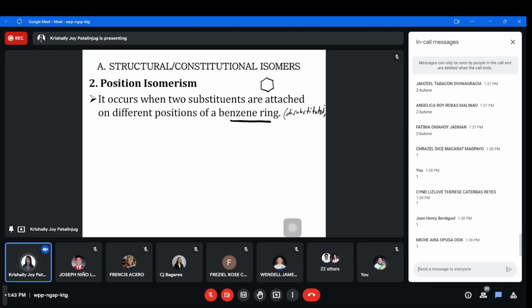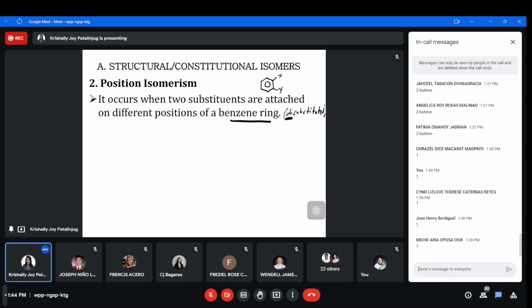So, ito yung benzene ring with a conjugated pi bonds, okay, inside the cyclic ring. Okay? Kapag sinabing di-substituted, meron siyang dalawang substituent present. Okay? So, we could also observe position isomerism among di-substituted benzene ring. Okay? Kasi pwede nating iba-ibahin yung positions ng dalawang substituent on that benzene ring.